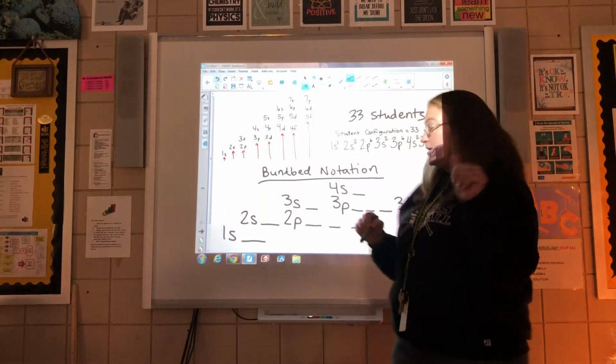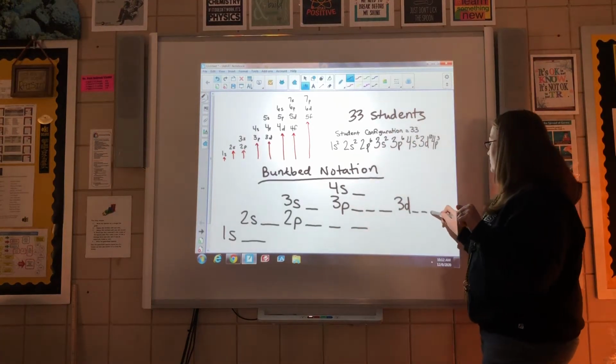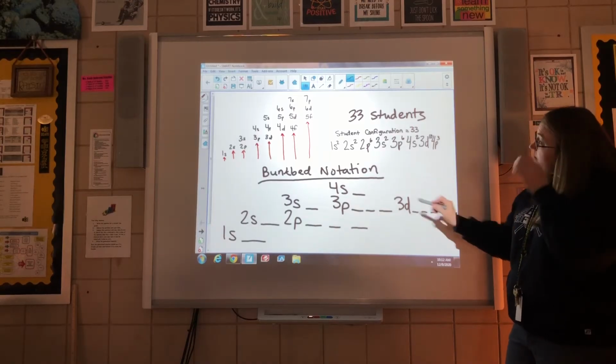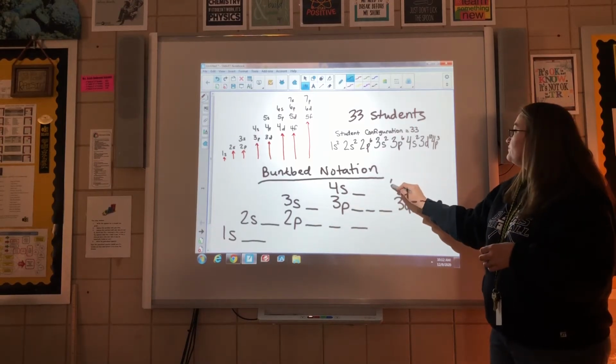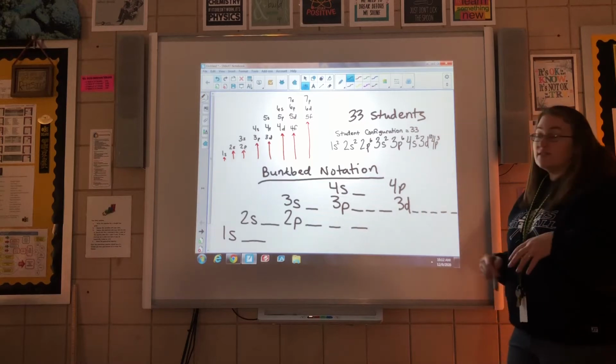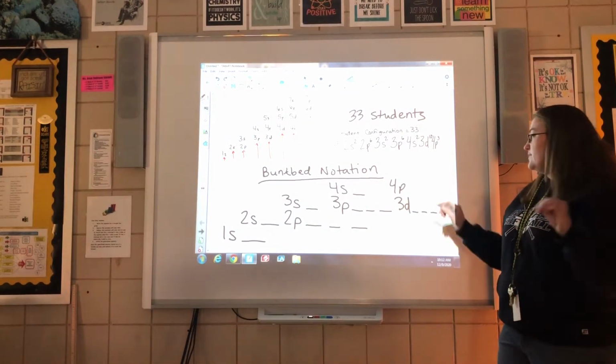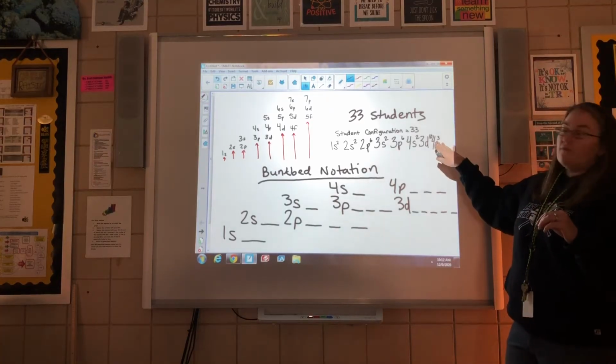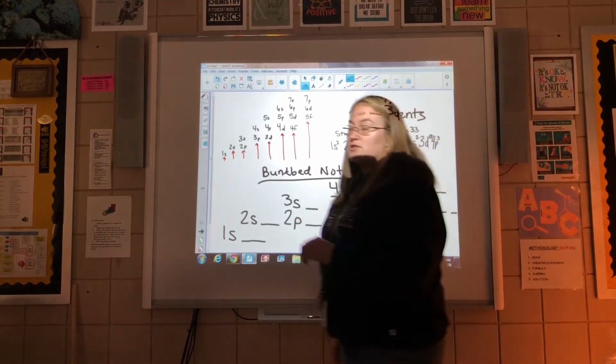It's got 5 bunk beds. Okay, so 1, 2, 3, 4, 5. And so then I'm gonna go to my 4P. And how many bunk beds does 4P have? 3. Okay, 1, 2, 3. And I'm gonna stop at 4P because that's where my student configuration stops.